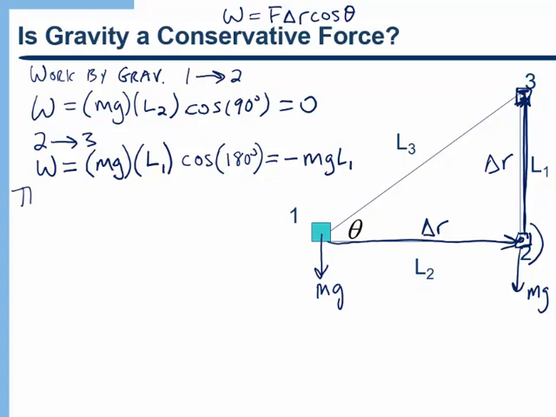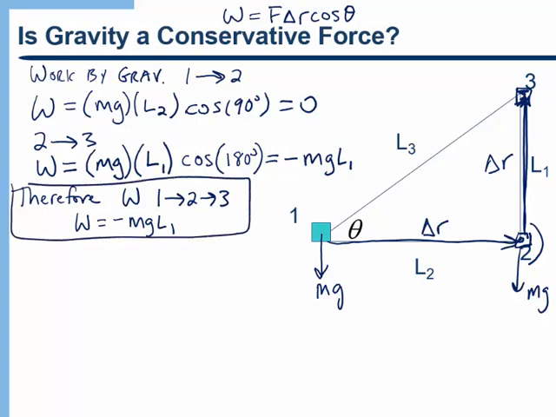Therefore, the total work done by gravity as I go from position 1 to position 2 to position 3 was negative mgL1. Now what we want to do is calculate how much work gravity does if instead I take this block and move it directly to position 3.